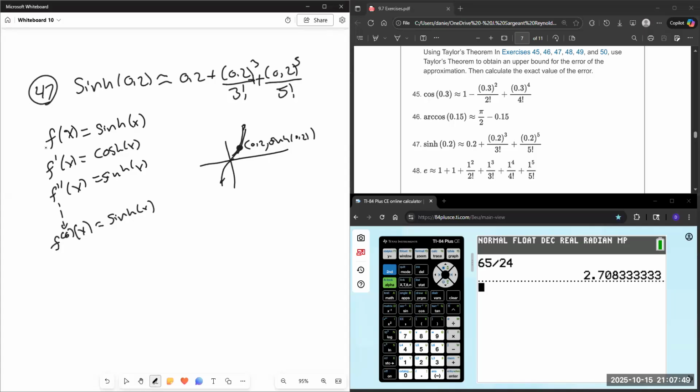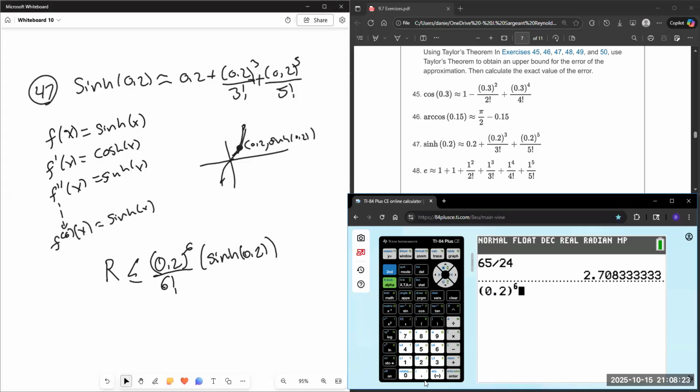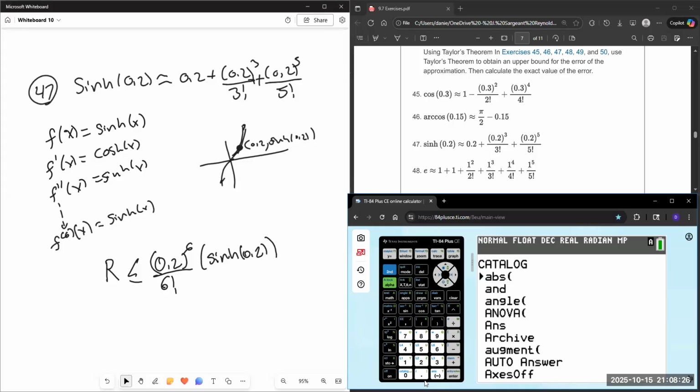So my remainder needs to be less than or equal to 0.2 to the 6th over 6 factorial times the hyperbolic sine of 0.2.